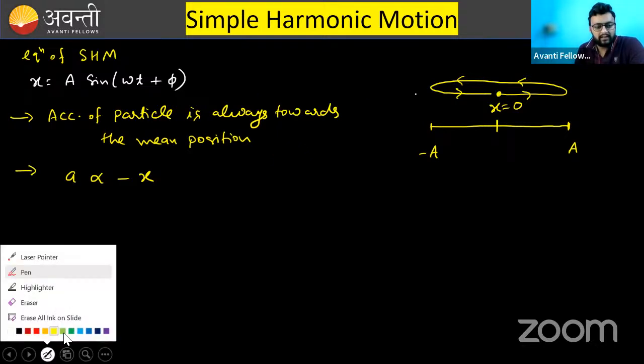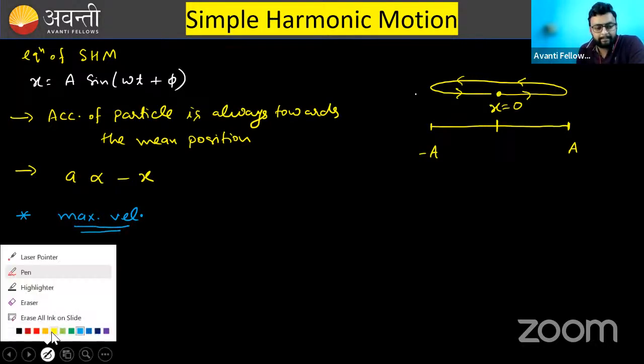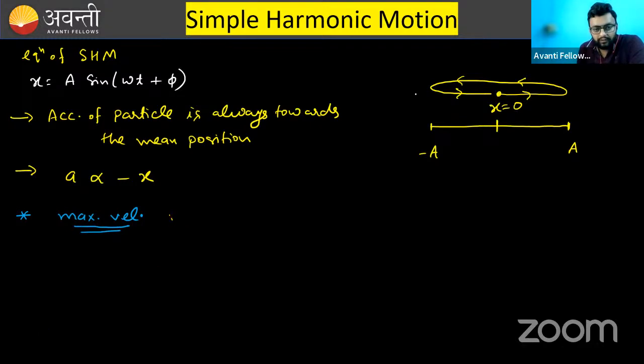Now, another thing that we have discussed is maximum velocity. What is the maximum velocity? You will say V max is equal to A omega. You need to remember this is the relation that we have derived already.